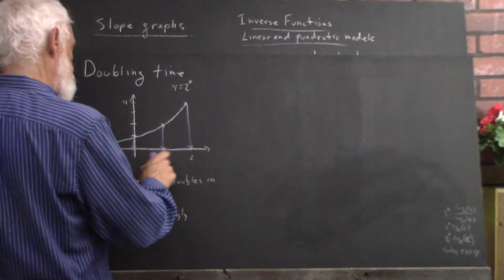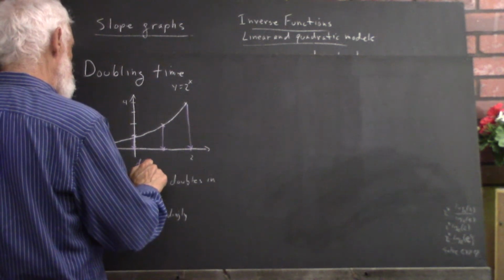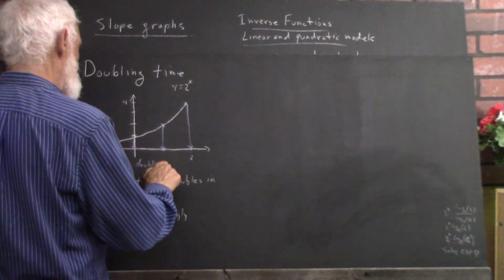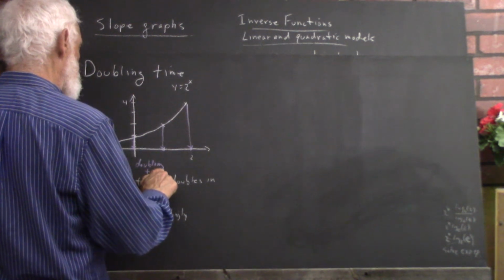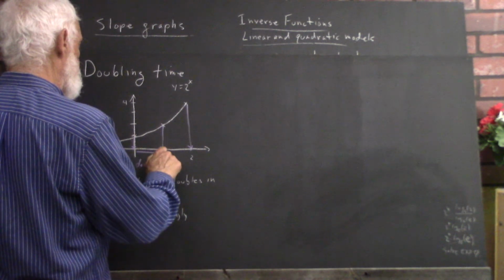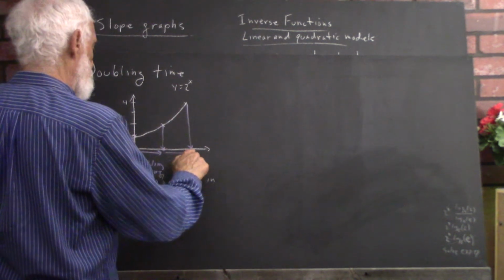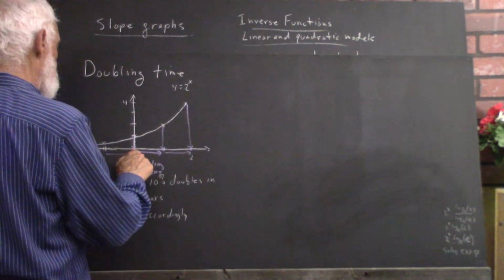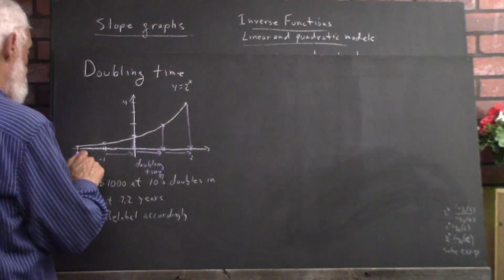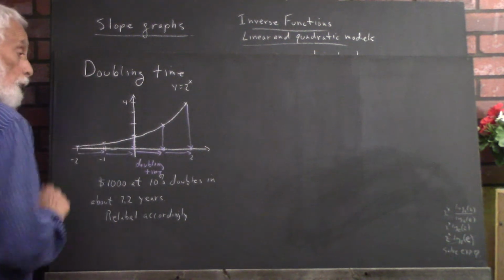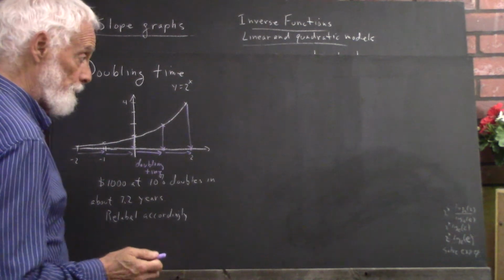So here's your doubling time from here to here, here to here. Also from here to here you go from 1/2 to 1. From here to here you go from 1/4 to 1/2.